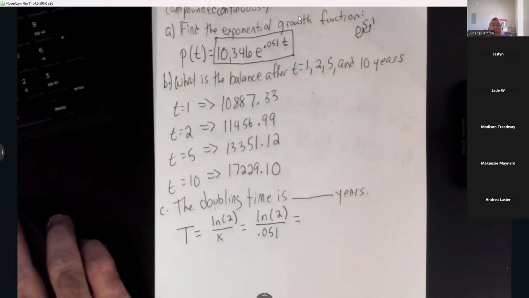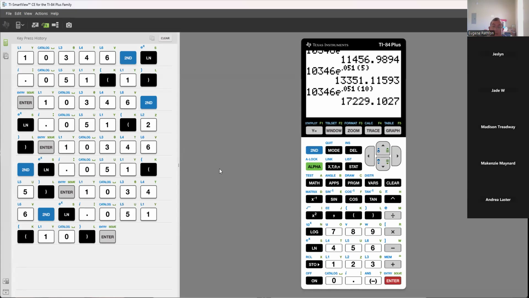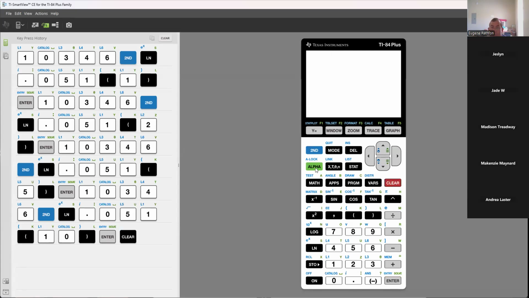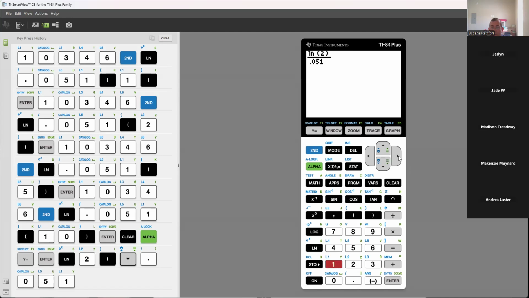I know it'll be more than 10 years because at 10 years, my money went from 10,000 to 17,000 and something. So this is going to be a little more. So alpha y equals enter for my fraction. On top is ln of 2, close parentheses. On bottom, k was a 0.051.